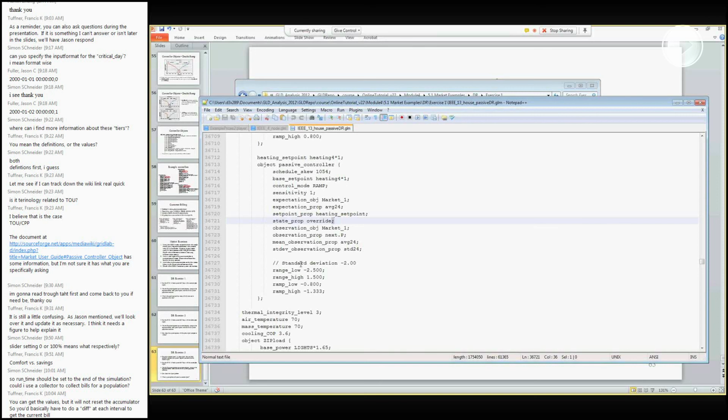So I could say, I want every single cooling set point for every single house every 15 minutes. It creates massive amounts of data and slows down your simulation significantly, but at least it adds that flexibility.